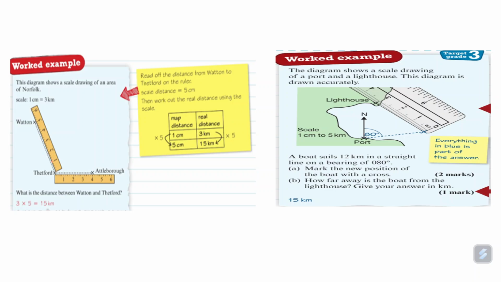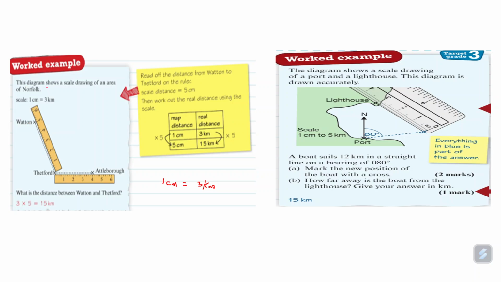You don't start from 1. You start measuring from 0. This is the scale. The scale says 1 centimeter is equal to 3 kilometers. That is the scale we are working with. It is written here already.